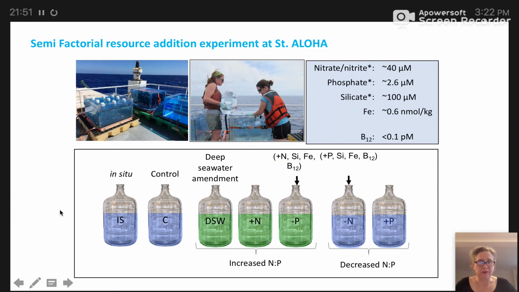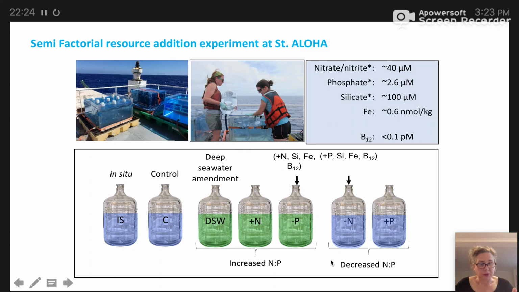These were semi-factorial resource addition experiments, where we have an in situ sample, a control sample with no amendment, and then we had 3 treatments where we increased the N to P ratio, either by adding deep, resource-rich seawater, adding nitrate, or adding nitrate and other resources, really to drive the physiology of that treatment to a low phosphorus condition.